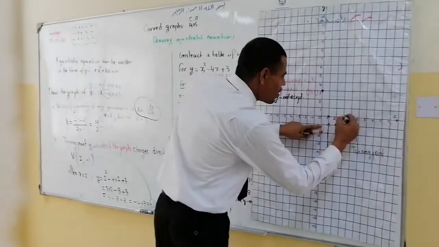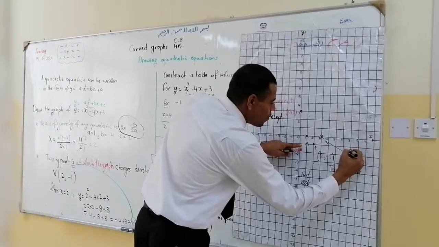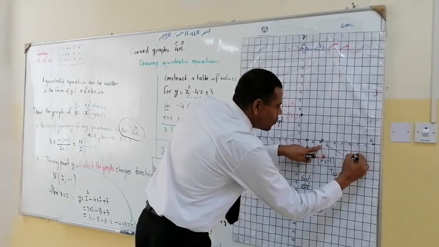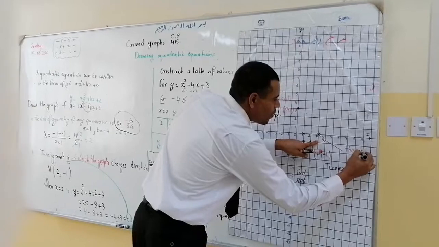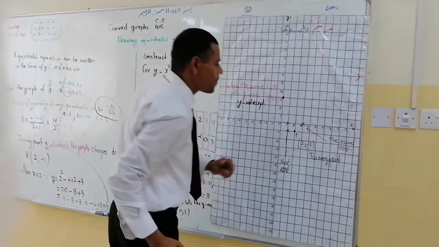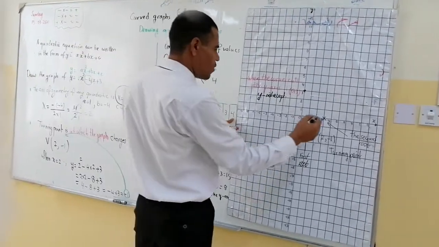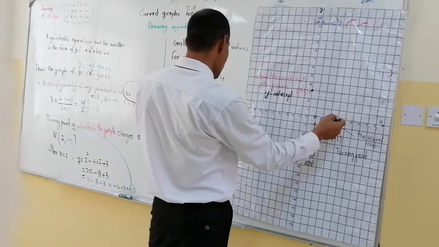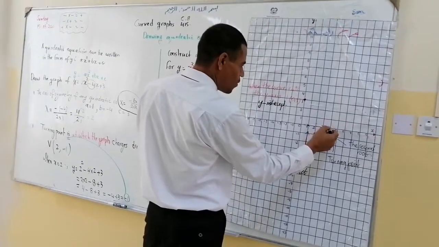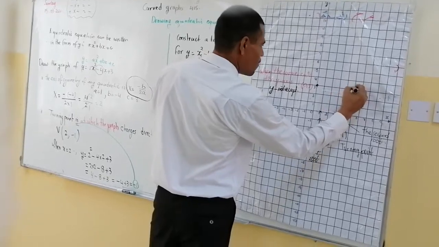What is this one? x equals 3 is the second root of my quadratic equation. Then, when x equals 4, y equals 3. This is 4, 3.